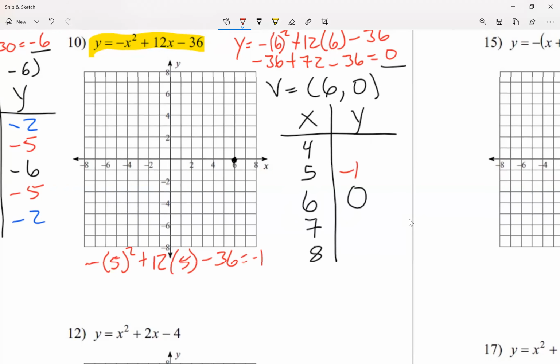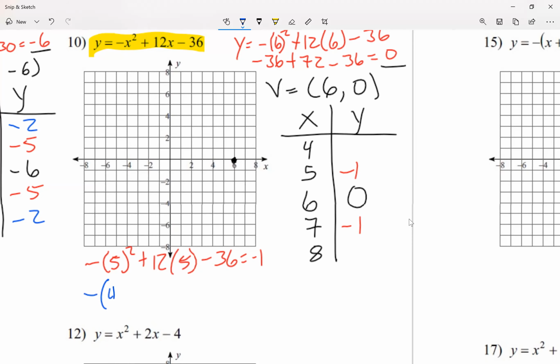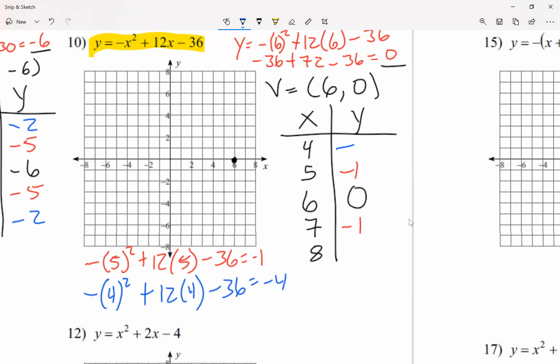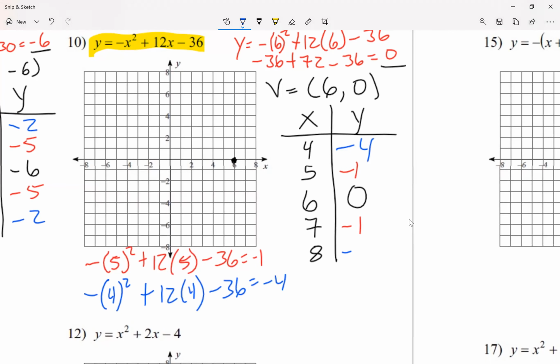So that means I have negative 1 here and negative 1 here. Now I could choose for my x value either 4 or 8. I'm going to choose 4 just to keep my number smaller. So negative 4 squared plus 12 times 4 minus 36. So negative 16 plus 48 minus 36 gives me negative 4. So I'm going to get a negative 4 here and a negative 4 here. Cool. I have 5 points.